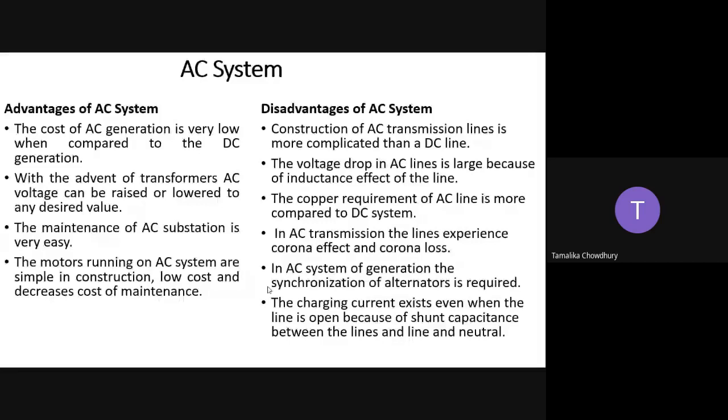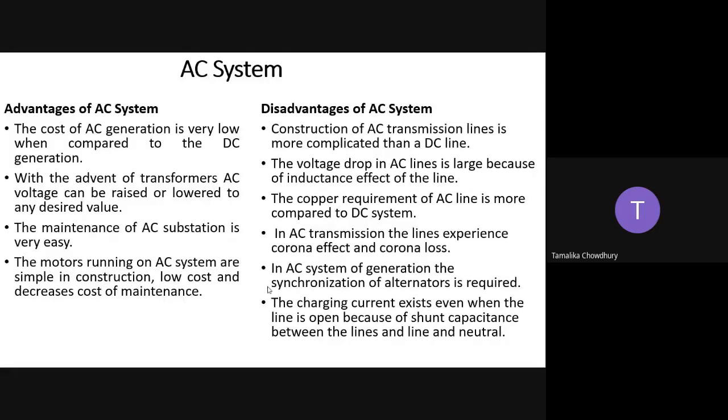Now, with the advantage of transformers in AC, with the advent of transformers, AC voltage can be raised or lowered to any desired value. So if you have to run the transformer, to raise or lower the voltage, then obviously you have to go with AC. Now, if you go with DC, what is the problem?